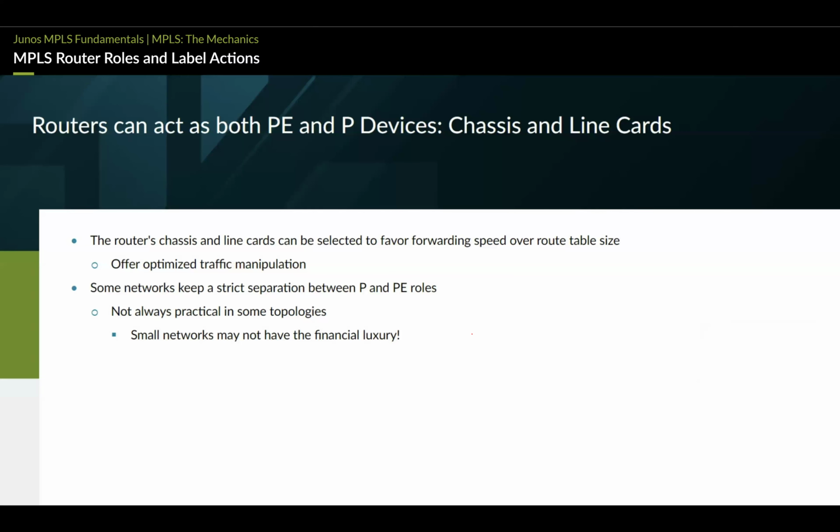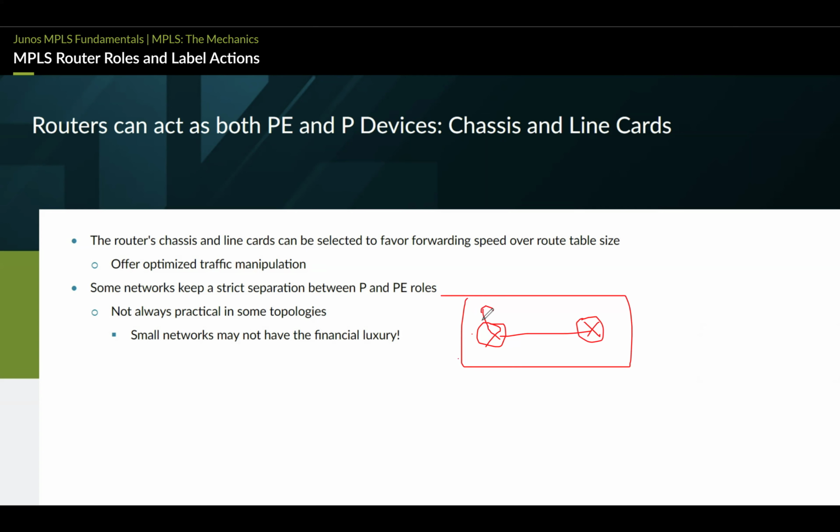Okay. So one router can operate as both provider edge and provider router. Consider in that case you have only two routers in your network. So which one is the provider router, and which one is the provider edge router?